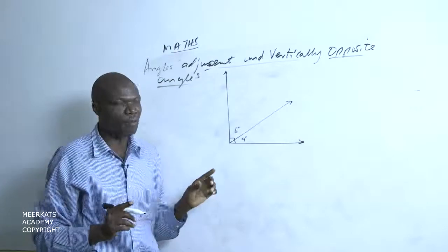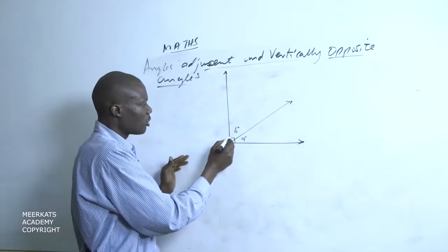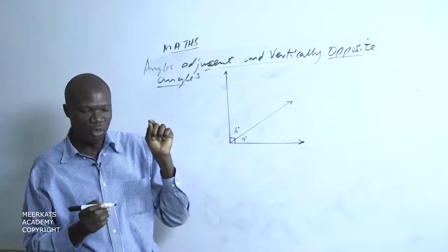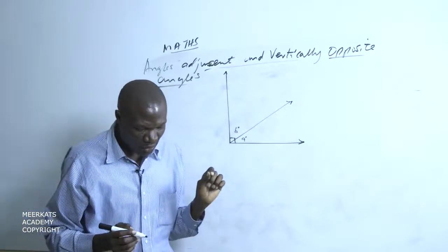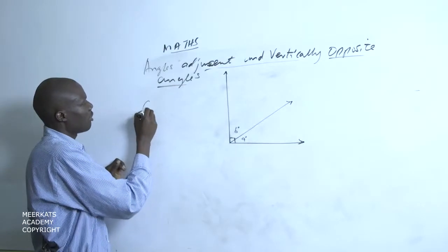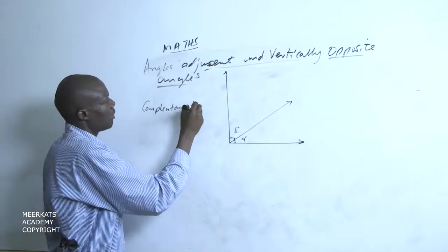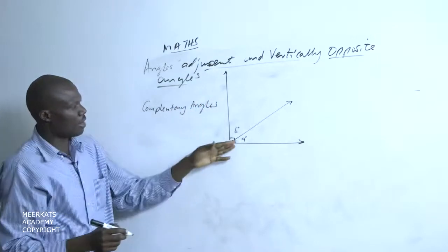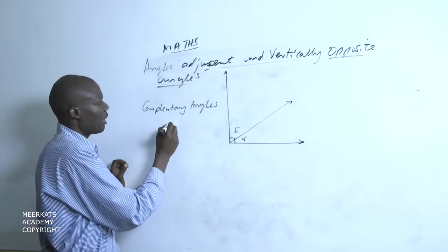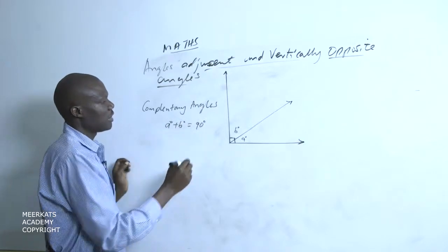But at the same time, the two angles add up to 90 degrees because we have a right angle sign here. Then we say that the pair of angles A and B are called complementary angles. Angle A and B are complementary because A plus B must give us 90 degrees.